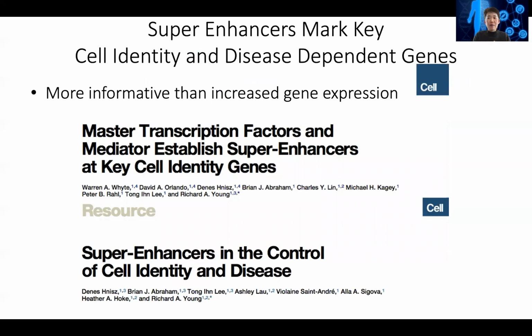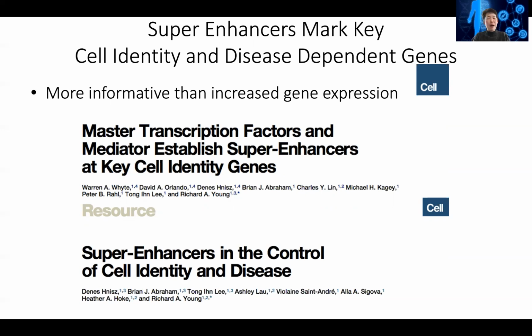These regions have very, very strong K27 acetylation marks. And the very useful thing is that these signals are more informative than increased gene expression. For example, if you look at gene expression between breast cancer and normal breast epithelial cells, there are many genes that are upregulated.